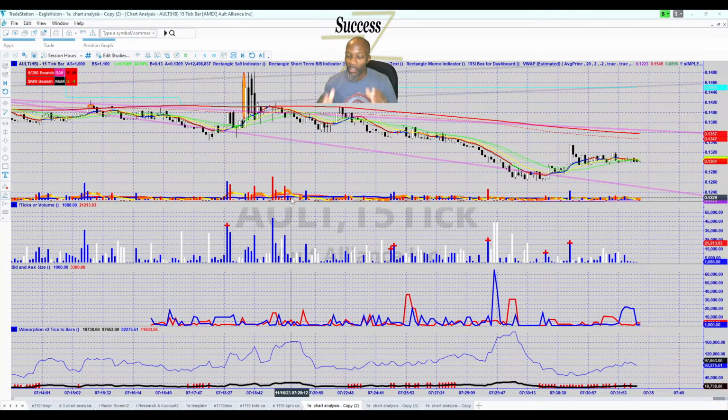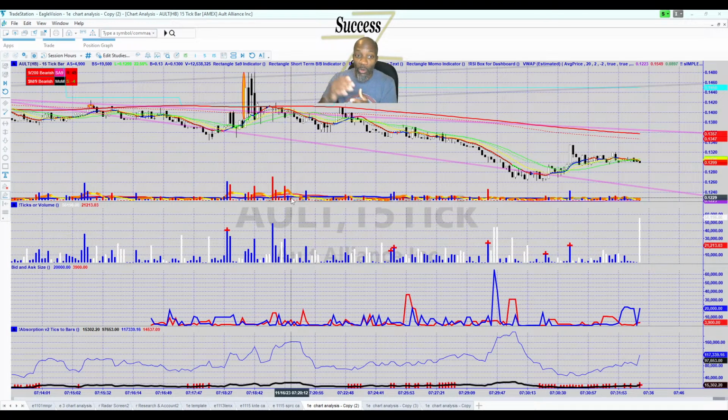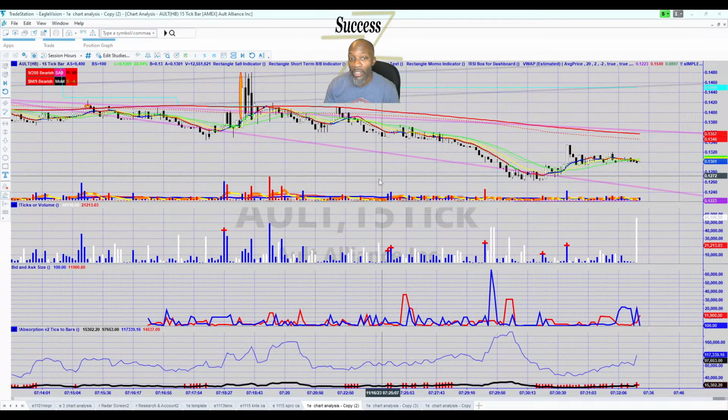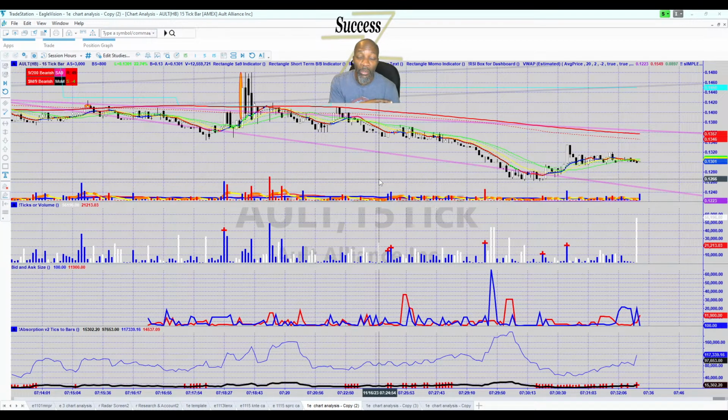But volume and trades, the indicators look almost identical, right? So when you have a lot of trades, you've got a lot of volume, and that doesn't necessarily make sense because, again, just because 1,000 people come to your show doesn't mean that you made $1,000.